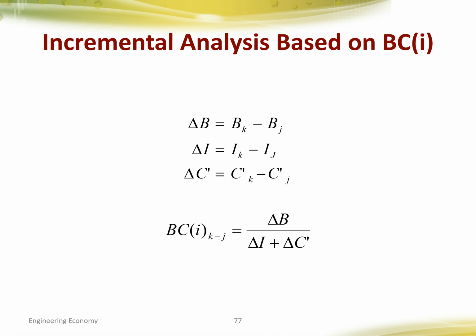we can compute the increment between two alternatives. So if we have project K and project J, we can subtract their benefits and subtract their costs, investment cost, operation and maintenance cost, and we get the increments, delta B, delta I, and delta C prime.